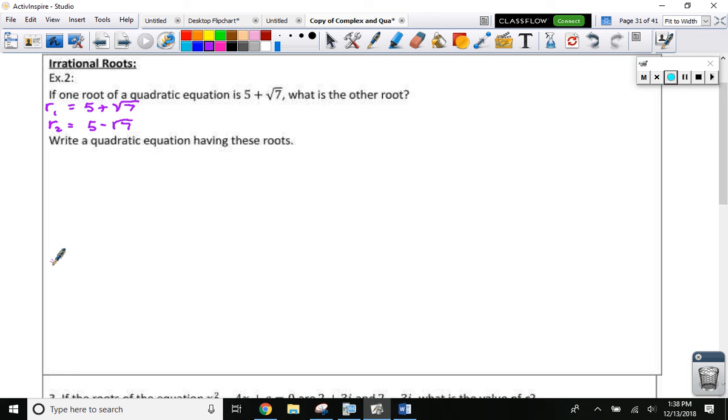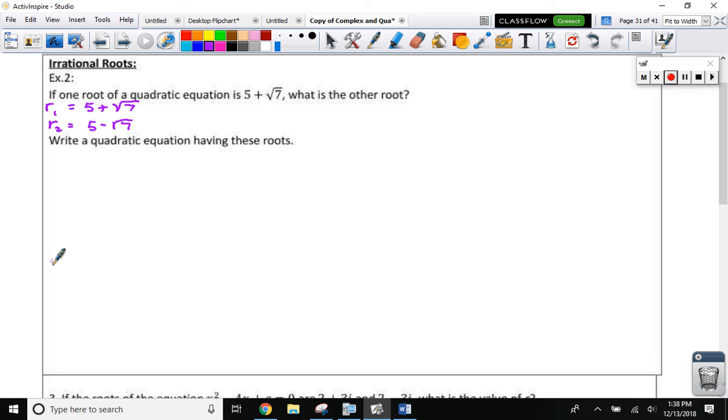What do I know about my equation when I'm done writing it? If I looked at the graph, it should hit the x-axis in 2 spots. For either they're imaginary or they're irrational.